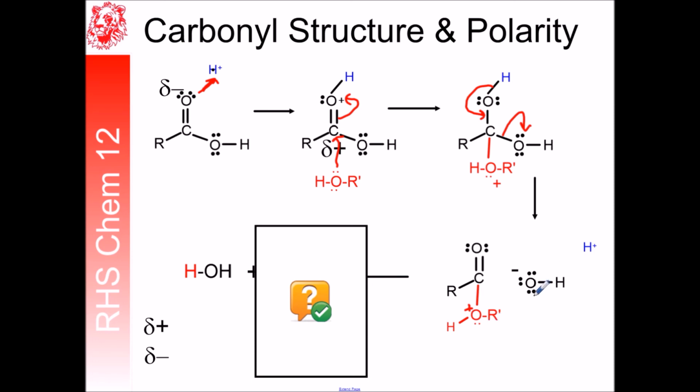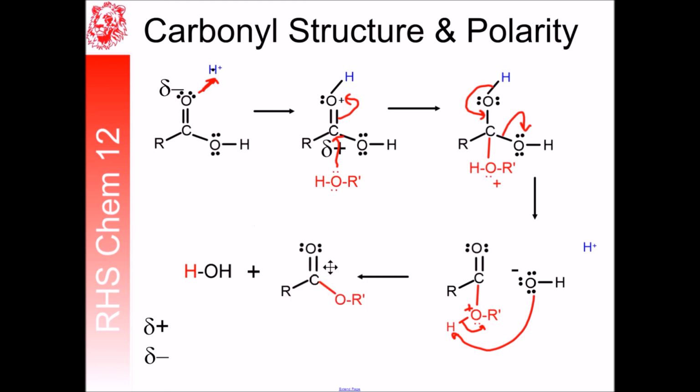This newly made hydroxide could then peel that off, put those electrons back on there, and leave me with this interesting thing. And so I've produced my red H plus, my black OH minus, I have my catalyst from the start, and I have this new thing called an ester. This is our first mechanism for our first reaction.